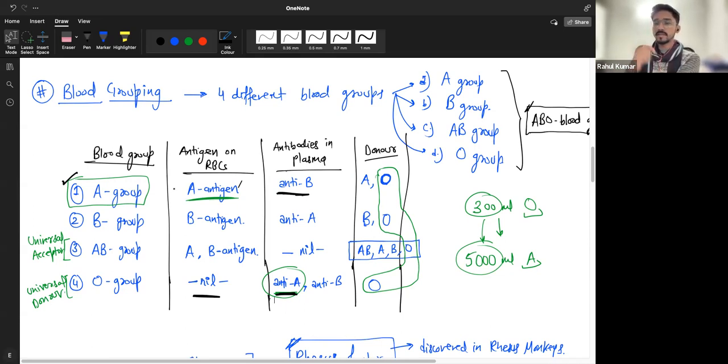You have to put a cannula at some place in the arm from where you put the blood in, right? Right from that entry point, all these antibodies present in O group will start attacking the blood. So you will have a reaction right away at that point.